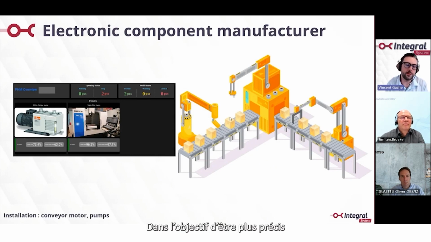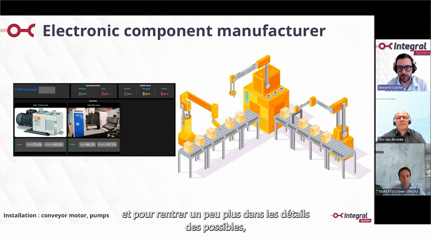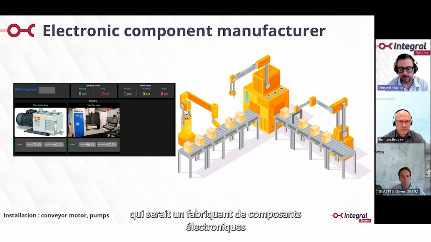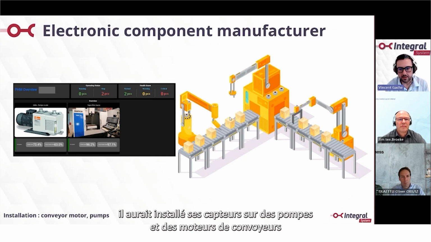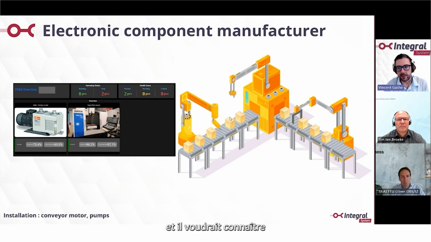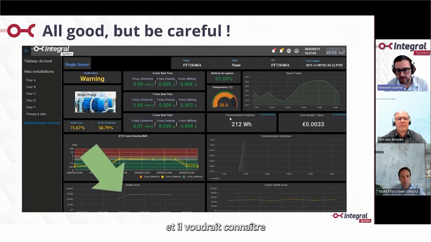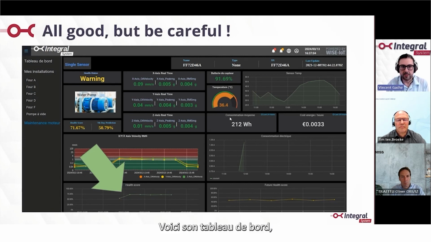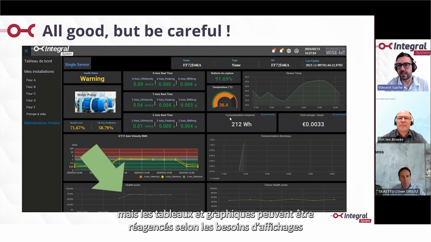So to be a little bit more specific and to explain in more detail what you can do with this very simple solution, let's talk about a use case, a customer, which is an electronic component manufacturer. They installed the solution on pumps and conveyor motors, and they wanted to know if something was going to go wrong with their motors. So we can see in this dashboard, it's very simple, but it can be personalized depending on your needs.